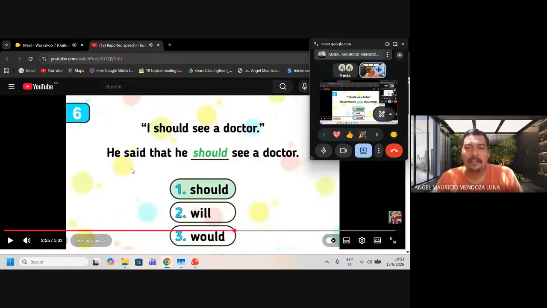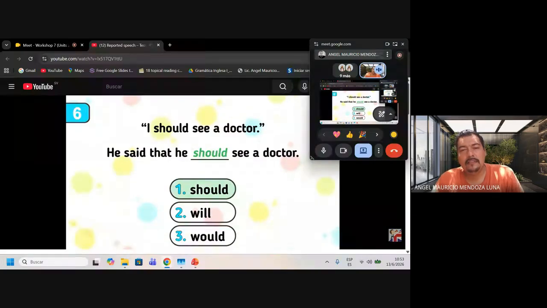I should see a doctor. This particular case, friends, when using modals: should, which is a modal verb, doesn't have any tense change in any way. So you're going to just combine should with a past expression, like this one.